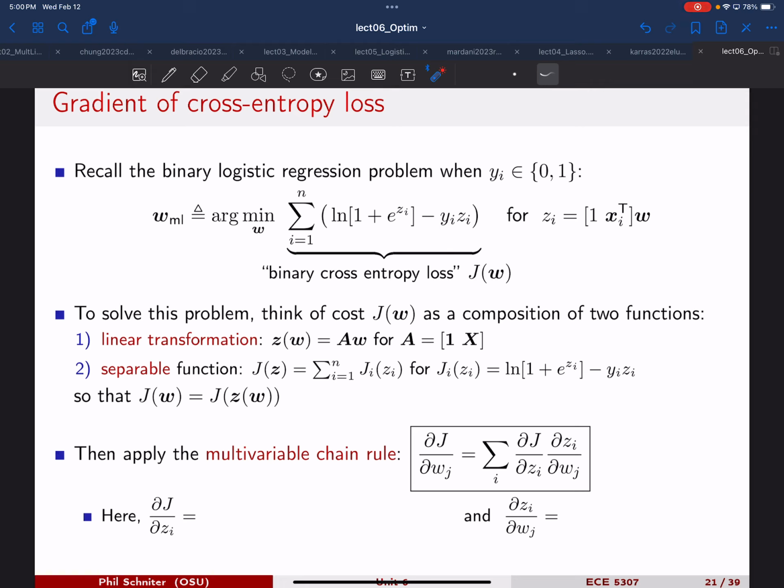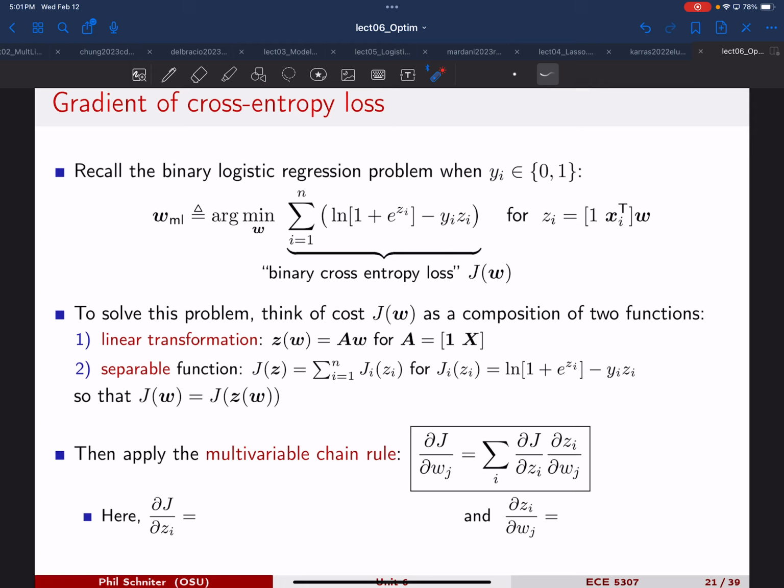The efficient solution to this problem is also best thought about in terms of this two-stage approach. Think of this cost J as a composition of two functions. One of them starts with the W vector and multiplies by this A matrix to get you a Z vector, stage one.